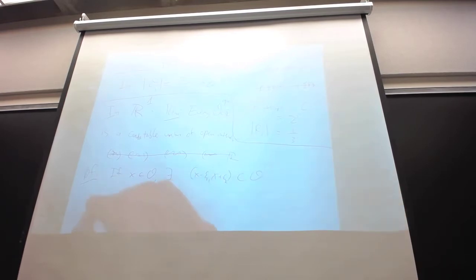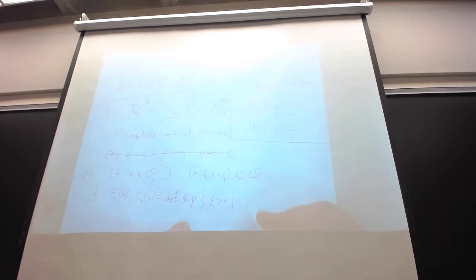There exists an epsilon 1, which is a function of x, and an epsilon 2, which is a function of x, which are, let's say, each the supremum over all epsilon so that x to epsilon is a subset of O.